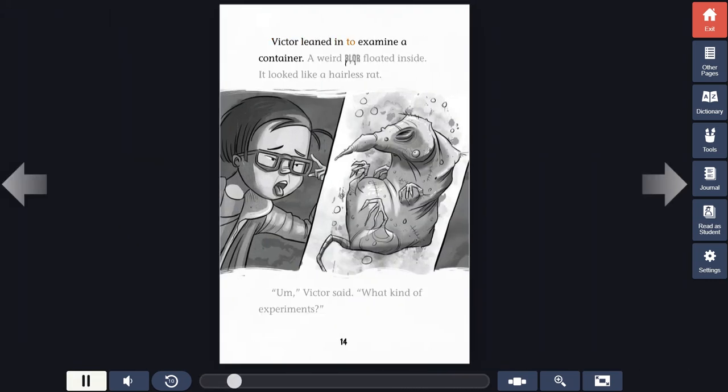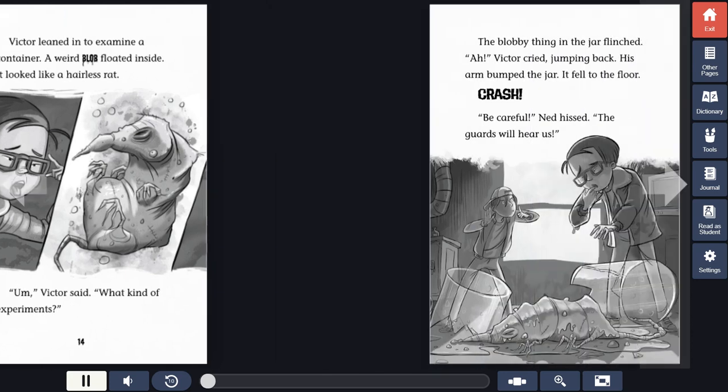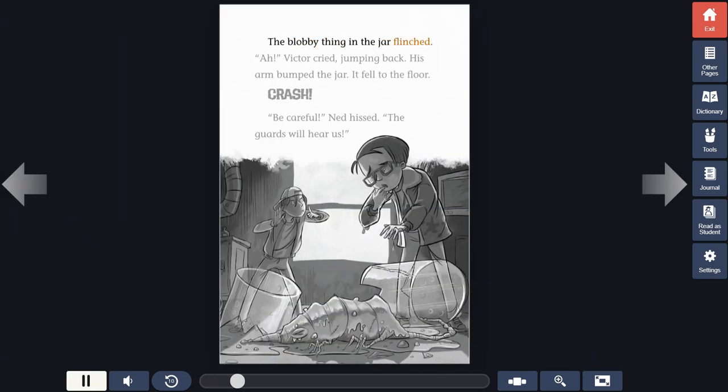Victor leaned in to examine a container. A weird blob floated inside. It looked like a hairless rat. Victor said, what kind of experiments? The blobby thing in the jar flinched. Ah! Victor cried, jumping back.